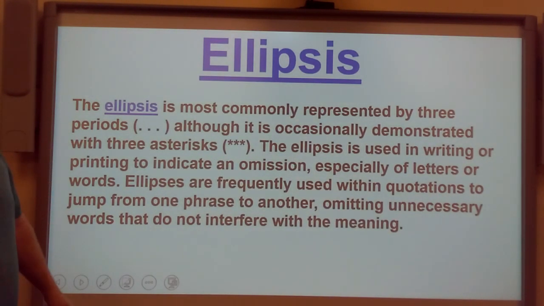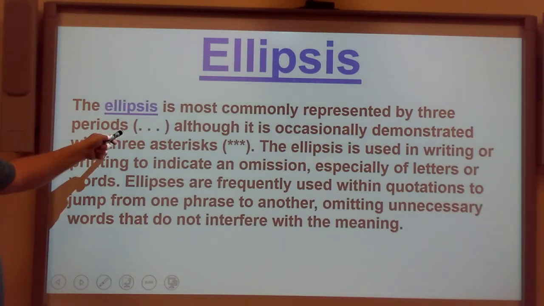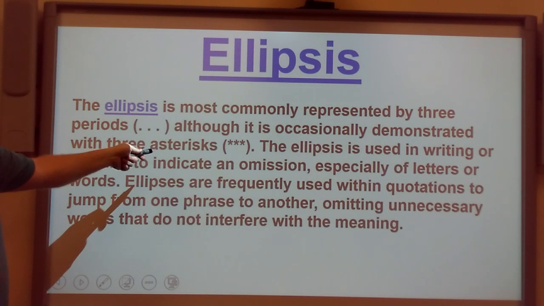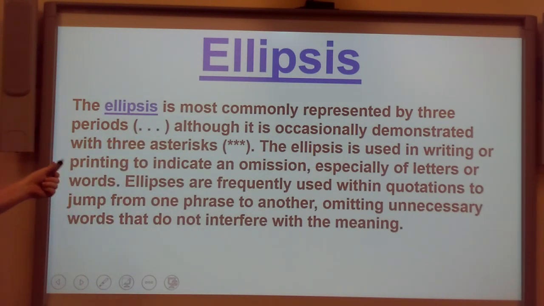Now we're going to look at ellipses. The ellipsis is most commonly represented by three periods, or it can be three asterisks. The ellipsis is used in writing or printing to indicate an omission, especially of letters or words. Ellipses are frequently used within quotations to jump from one phrase to another, omitting unnecessary words that do not interfere with the meaning.